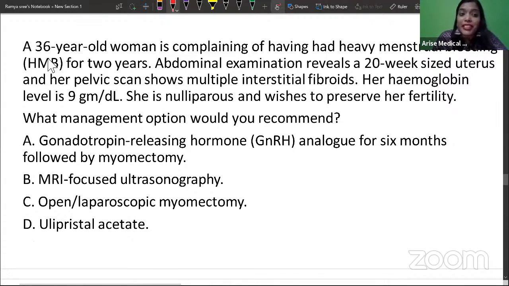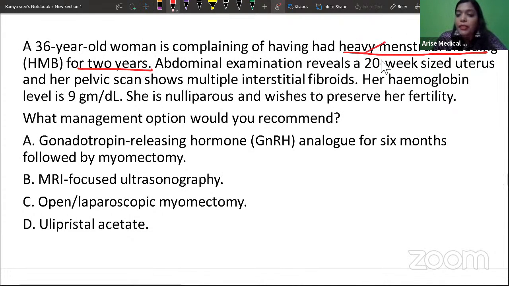A 36-year-old woman is complaining of having heavy menstrual bleeding for 2 years. Abdominal examination reveals a 20-week sized uterus. Her pelvic scan shows multiple interstitial fibroids. Her hemoglobin is 9 gram per deciliter.